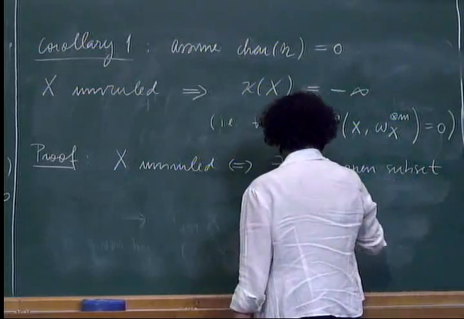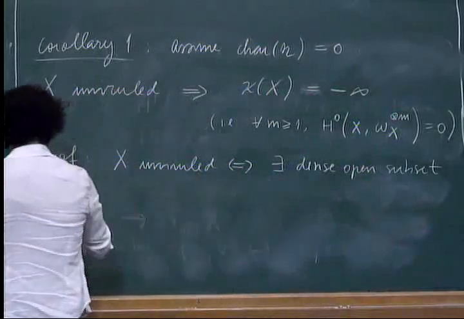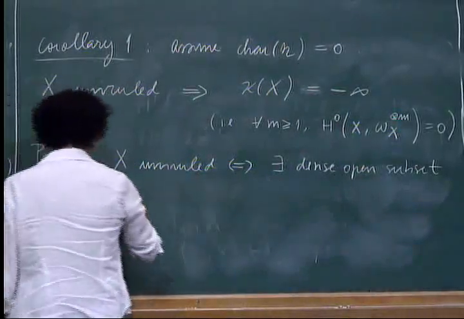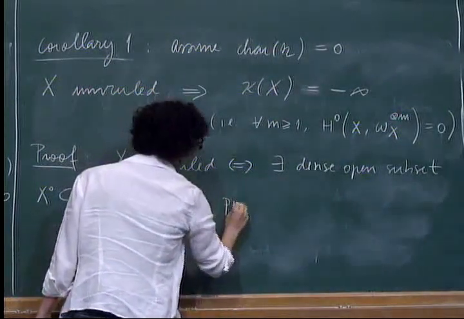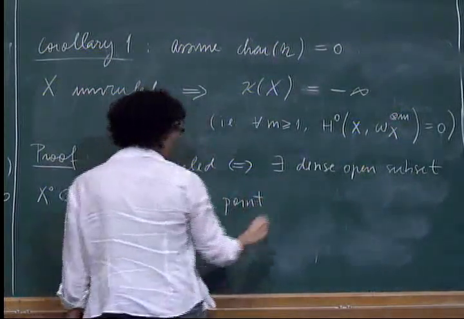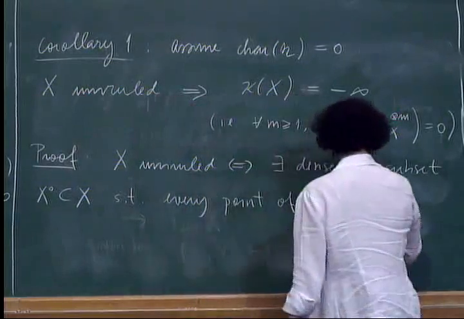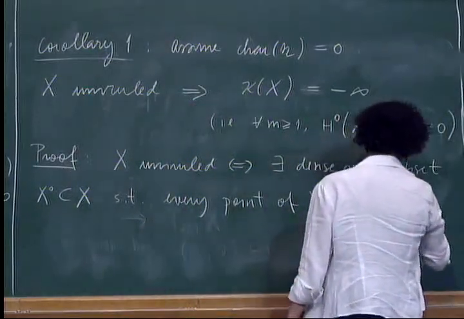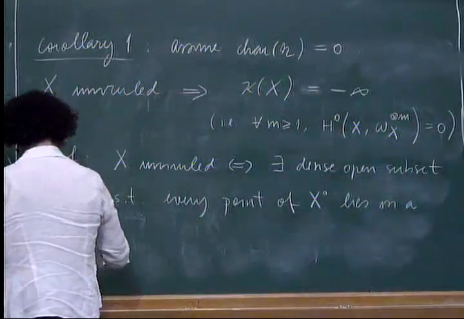X_0 in X such that every point of X_0 lies in a free curve, in a free rational curve.